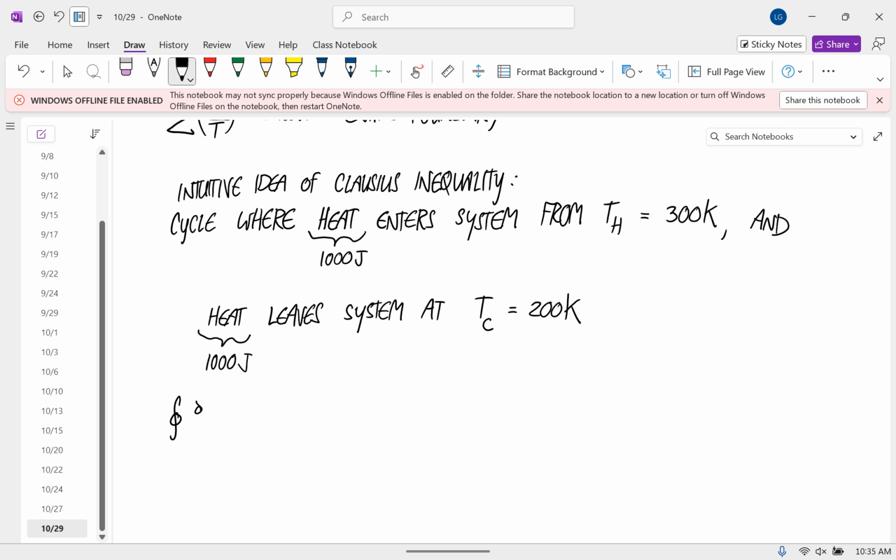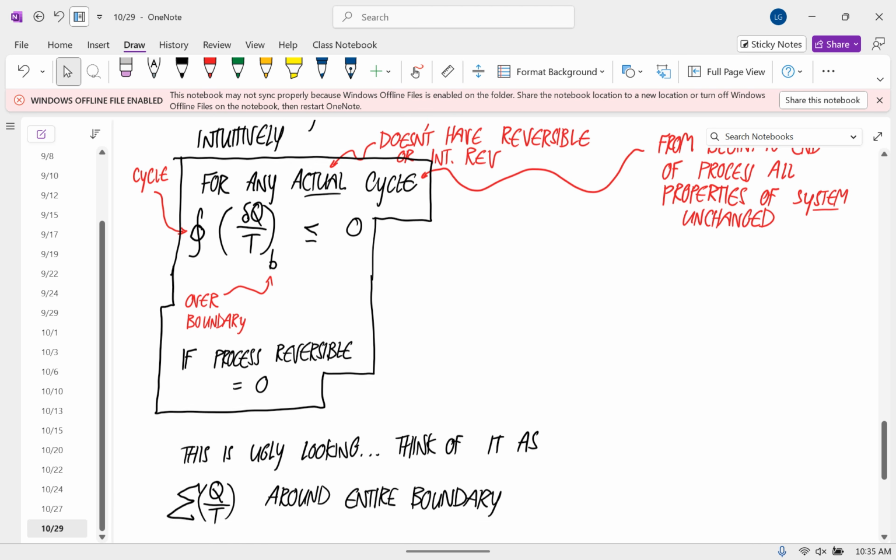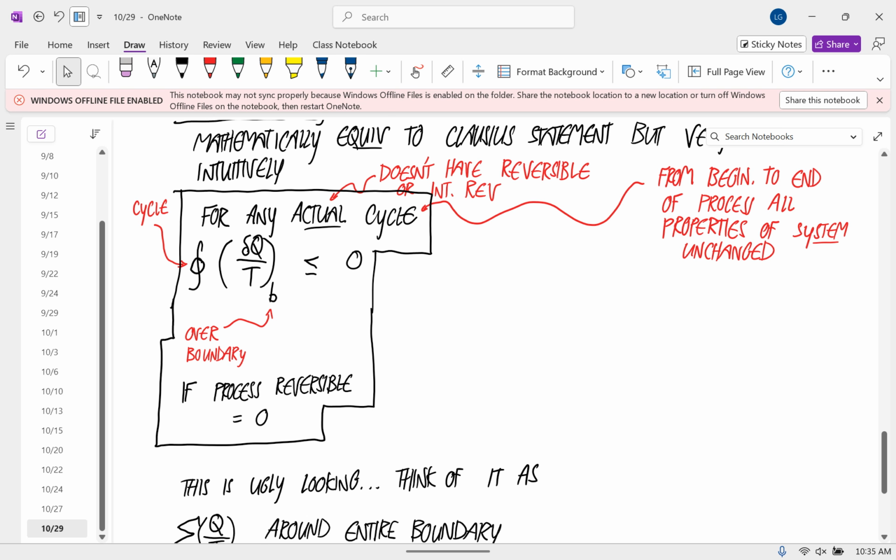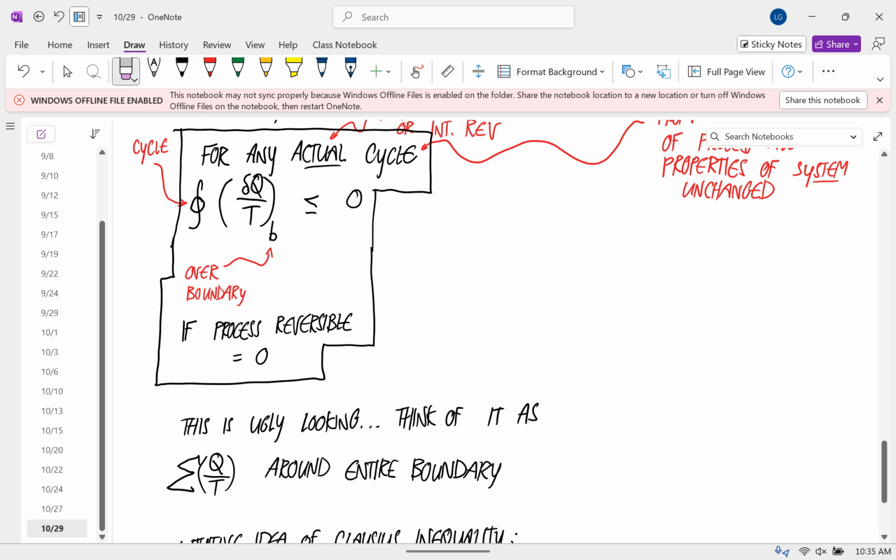So what is 0 again? Oh, you said that if it's a reversible process, then when you calculate all the heat exchanges divided by the temperature, it'll be equal to 0. So how did you call it again?